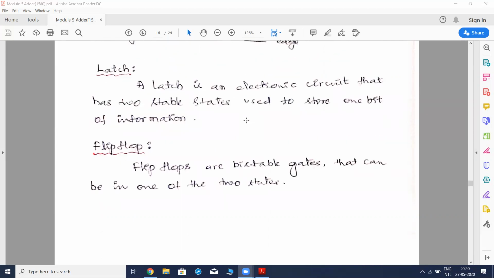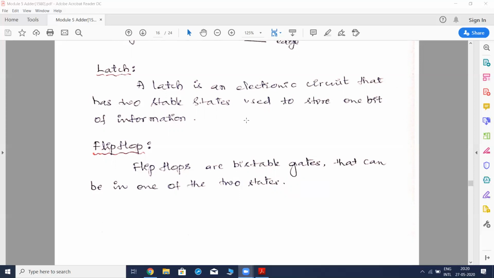So you can see that the definitions of latch and flip-flop are almost the same. It has two stable states. Flip-flops are also bistable gates, bistable in the sense that they have two stable states.